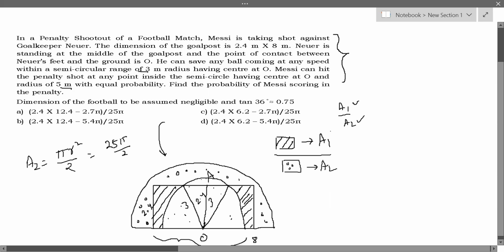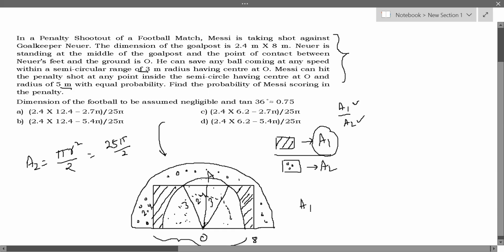Now the second part is to find out the value of A1. How can you find out the value of A1? It will be possible if you can find out the area of the rectangle, and from there subtract this dotted area portion, then you will be able to find out the area of A1.